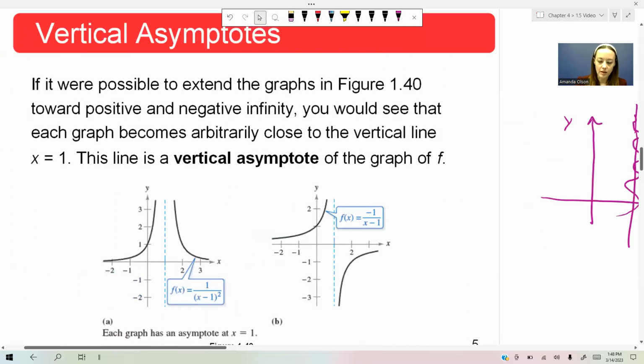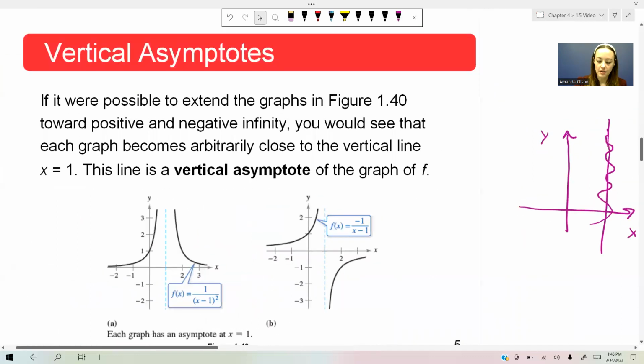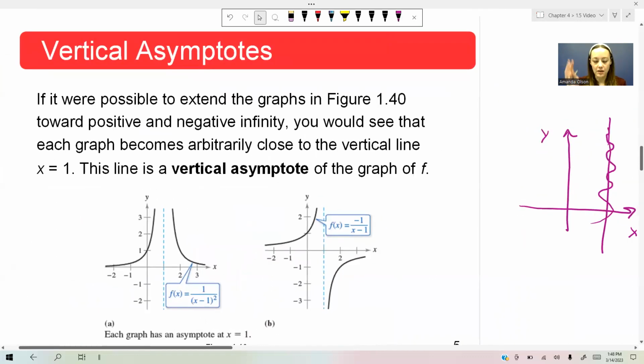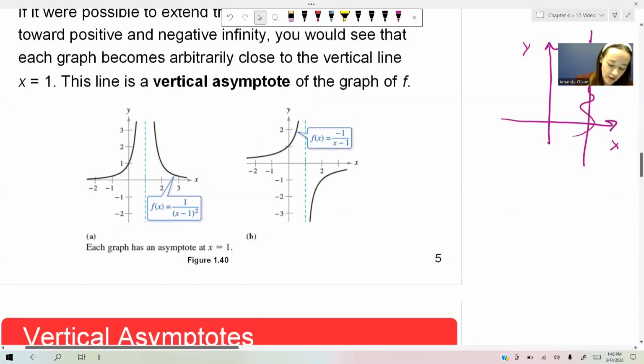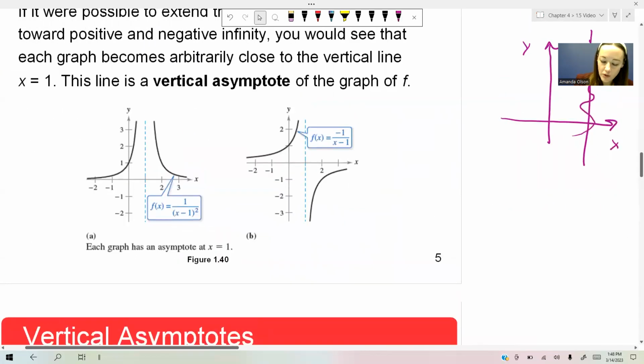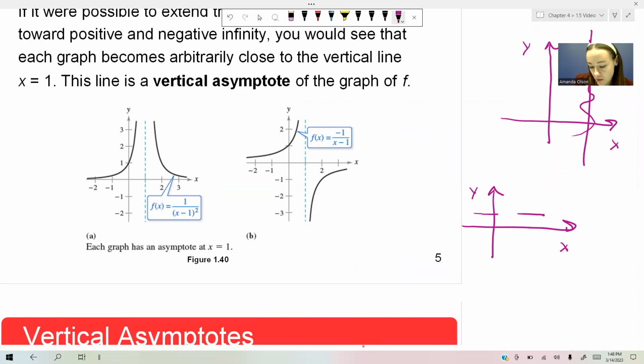You could discuss an idea of vertical asymptotes that way. Or, a probably more common example, you could have a graph where you have this vertical asymptote and your graph maybe goes up, and then it goes below, and then it tapers, and as you get further out, it approaches that value.